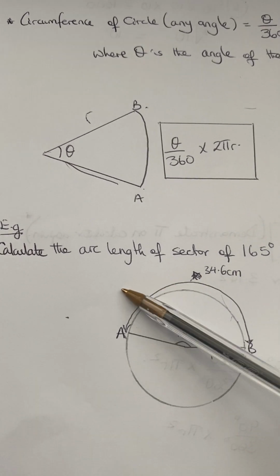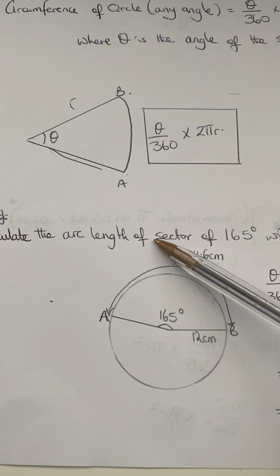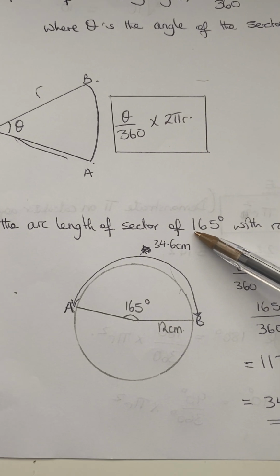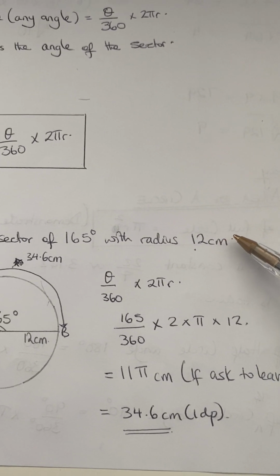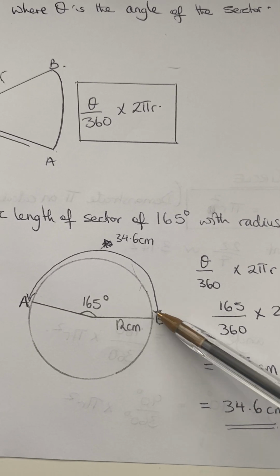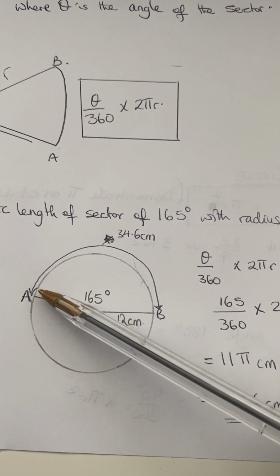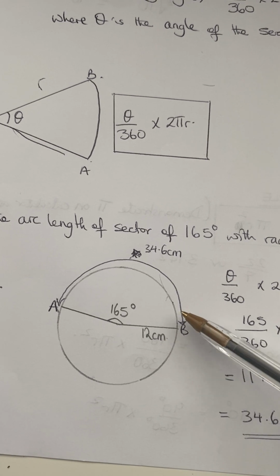Today I'm going to bring another example. Calculate the arc length of a sector of 165 degrees with radius 12 centimeters. This is not to scale, but the arc length now is not for the full circle, which is the circumference.